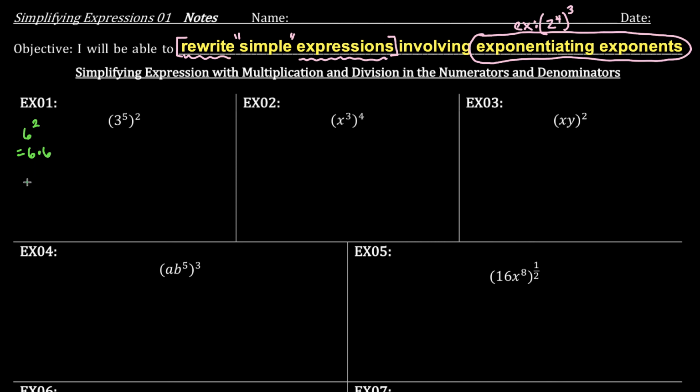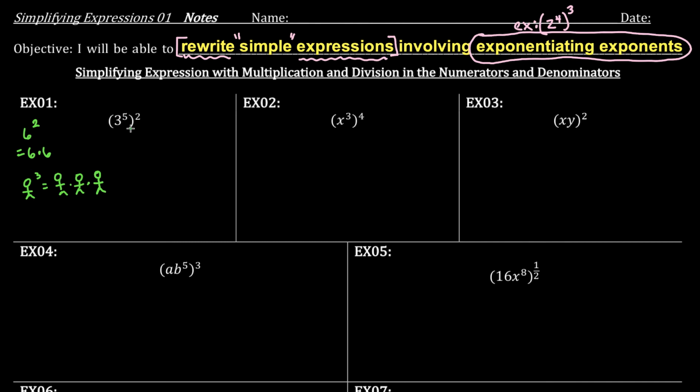Let's say I had this person to the 3rd power. That means person times person times person. Well, that one looks a little different. Let's try to make them look the same. Person to the 3rd power means the same person times the same person times the same person, right?